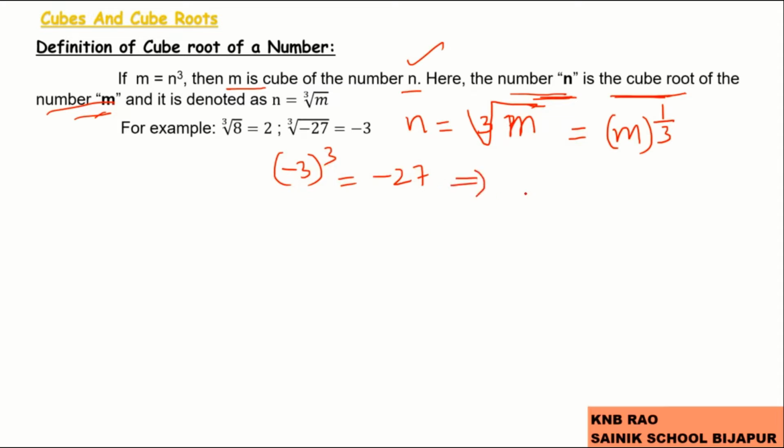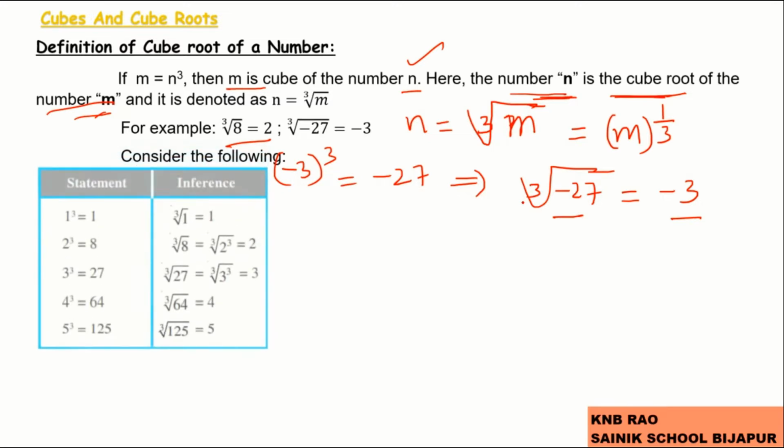It implies cube root of minus 27 will give minus 3. So, cube root of a positive number gives you a positive number, and cube root of a negative number gives a negative number. Okay. Now, consider the following tables.